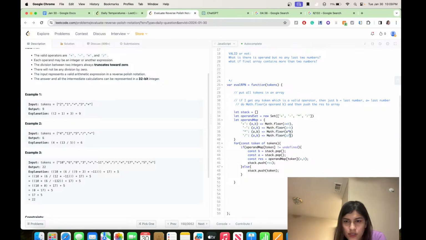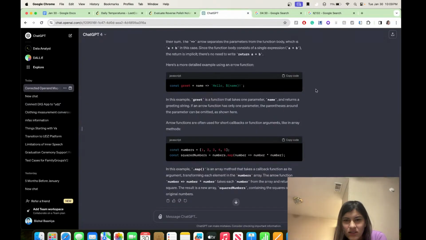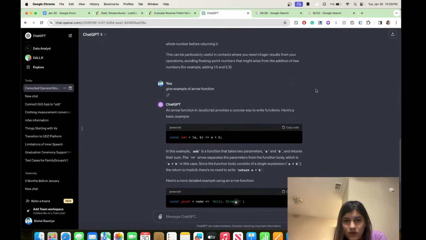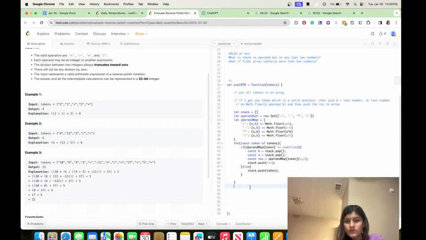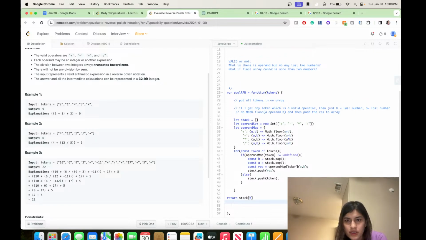They are saying that there is no division by 0, so that should be good. And operand map, this is the function, so I'm just calling the function. I can just call it like that, right? Because add is a function. Yes. And at last return stack 0, so whatever is remaining in the stack.